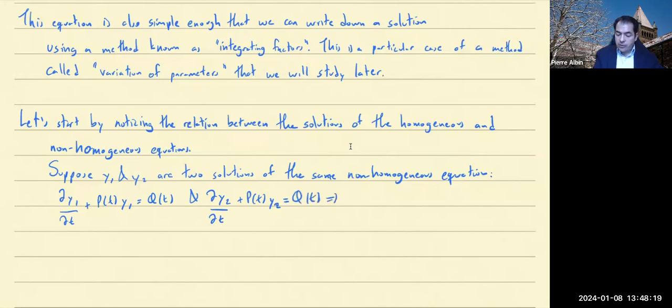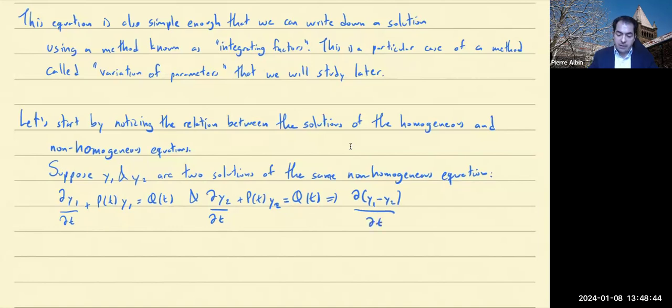Right? So let's think about what happens if we subtract this equation from this equation. On the right-hand side, the q's cancel, whereas on the left-hand side, if I have the derivative of y1 with respect to t, and I subtract the derivative of y2 with respect to t, I get the derivative of the function y1 minus y2 with respect to t.